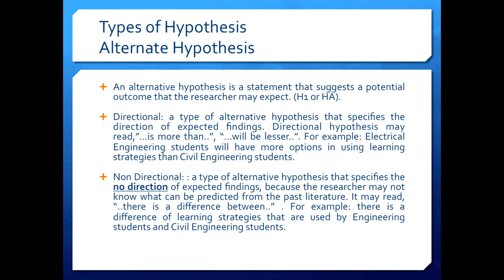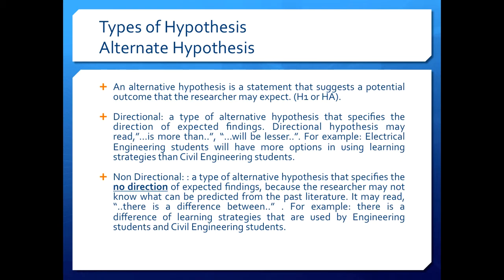since we cannot predict what the result will be, it is simply said, like, there is a difference, there is a correlation. For example, you may have the difference, right? We'll have more options, and only there is a difference.